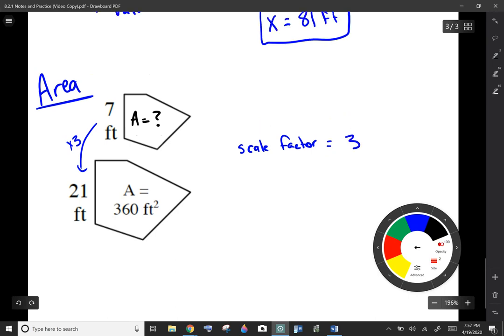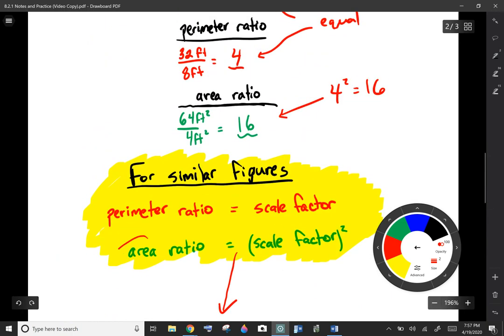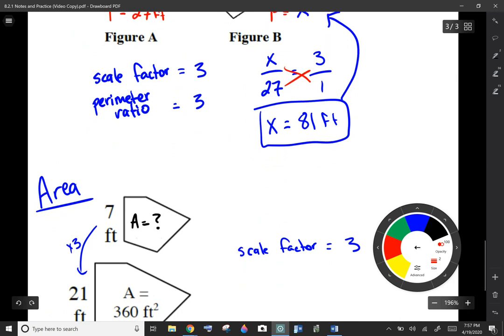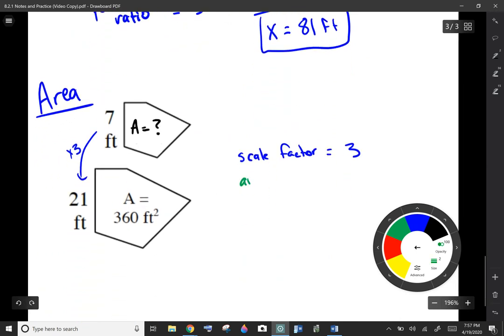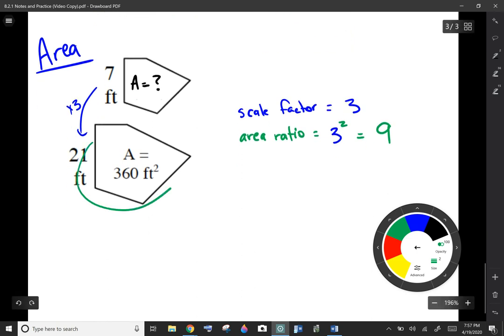That does not mean our area ratio is equal to 3, though. Again, our area ratio is actually our scale factor squared. So when we figure out our area ratio, we need to take that 3 and square it. And when we do that, we get that our area ratio is equal to 9. That means that this larger figure is 9 times as much area as the smaller one.